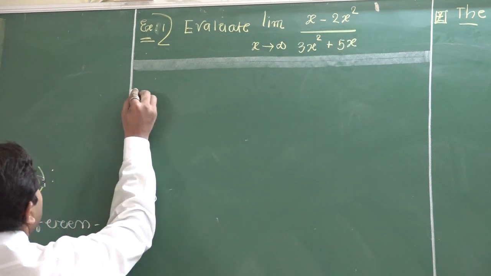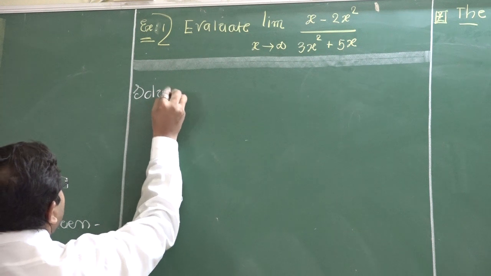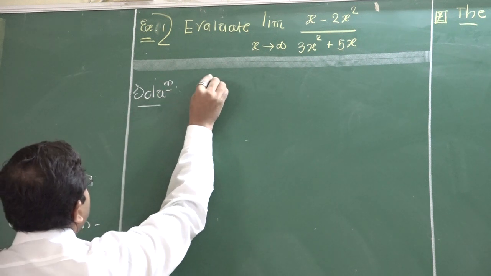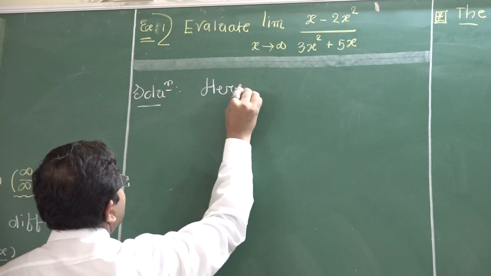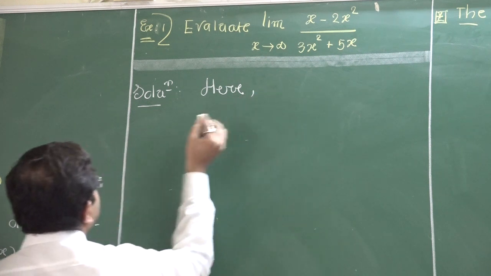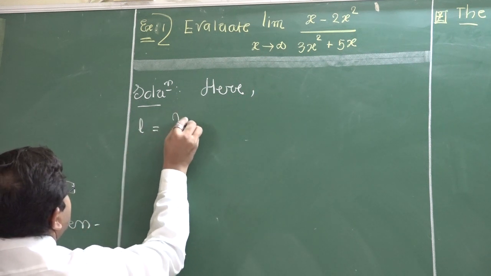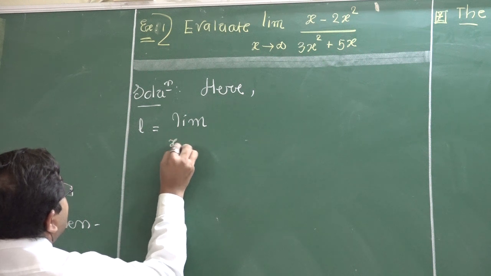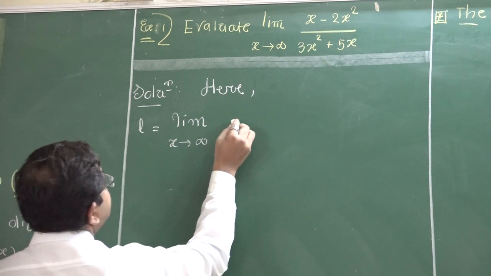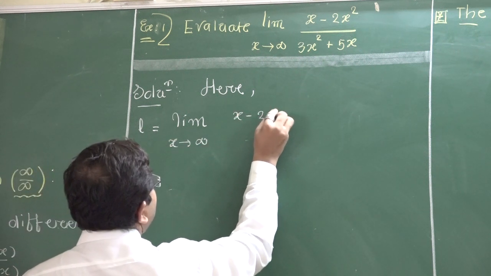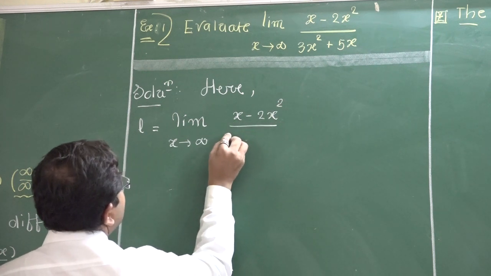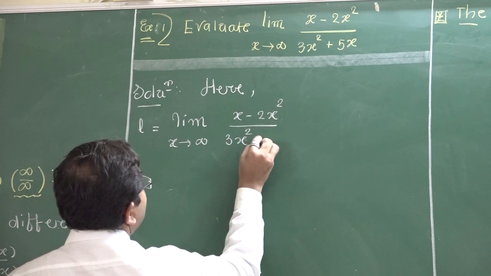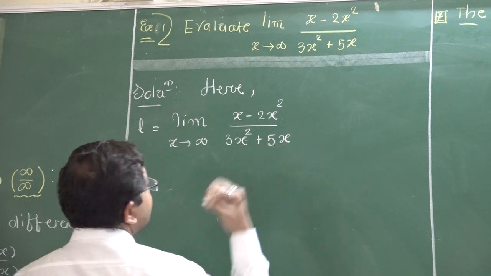So here the solution is: let L equal to limit x tends to infinity of x minus 2x square upon 3x square plus 5x.